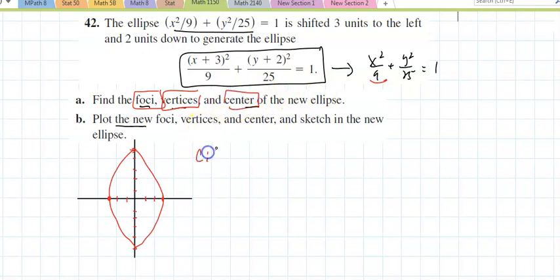I have a center at 0, 0. I have vertices. Isn't the vertices along the major axis? Isn't that 0, 5 and 0, -5? And to find the foci, I'm going to take the larger minus the smaller. That's 4.